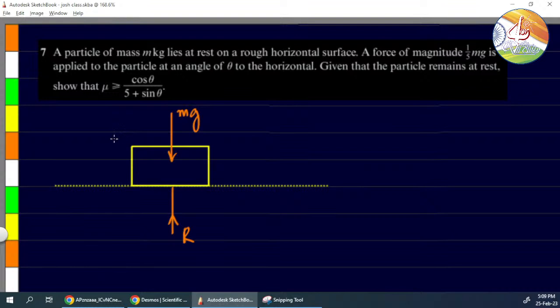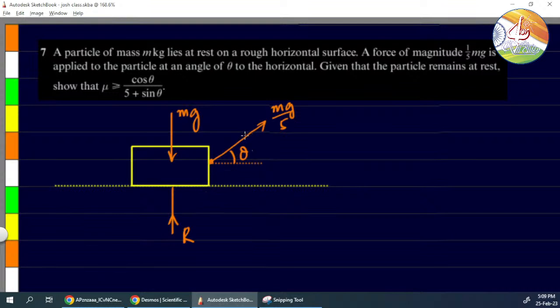Is it pushing or pulling? That has not been told to us, so let's take it as being pulled. So this is mg by 5, the force, acting at an angle theta here.